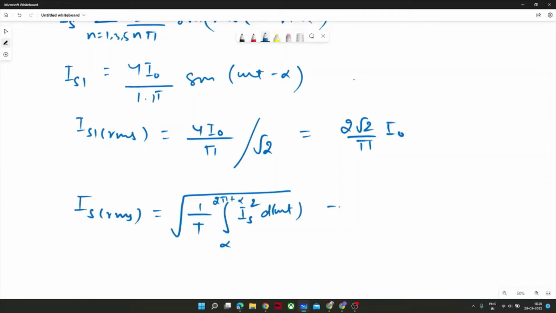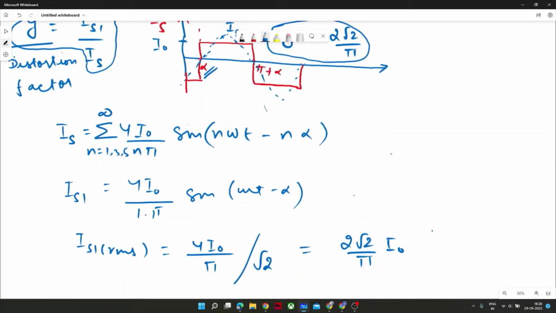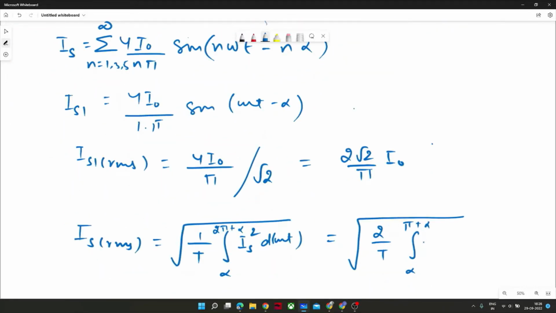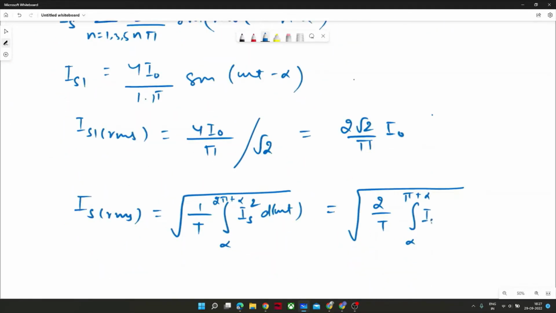Since it is half wave symmetric, I will further simplify it from alpha to pi plus alpha. If you square this portion, it is already I naught. If you square this negative term, it will also become positive and again become I naught. So I naught square will hold throughout the period. That will be I naught square d omega t.